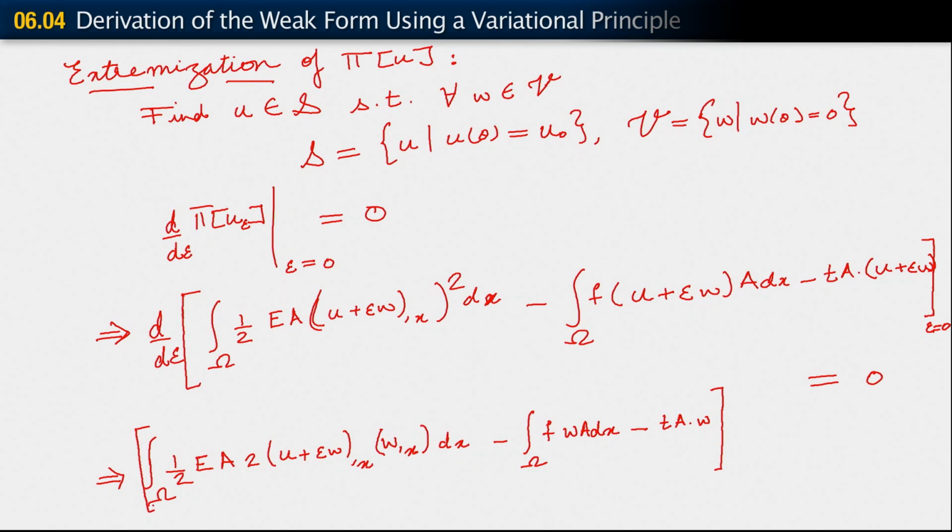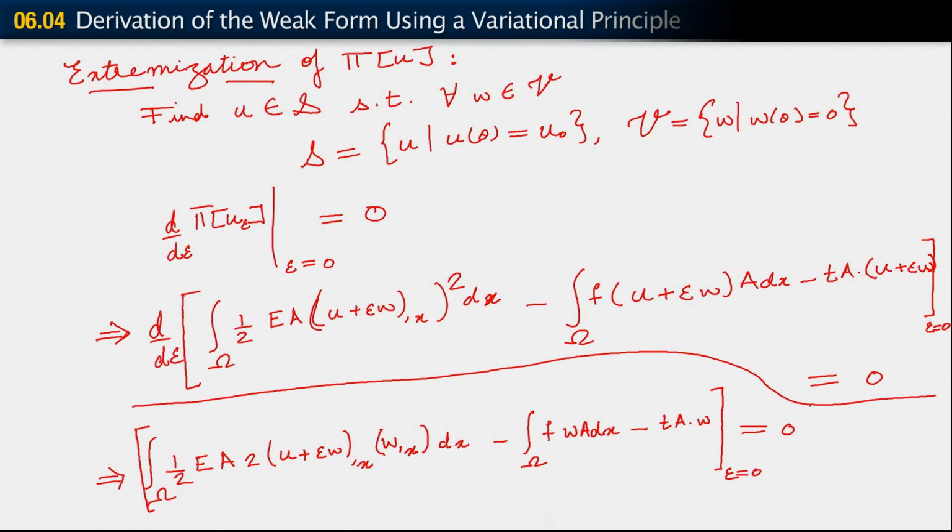So we're free to take the derivative with respect to epsilon into the integral sign, and this is what we get, right? So now after computing all of this, we have to set epsilon equals 0, all right? And then the extremization condition is that this result is equal to 0. And just to make it clear, let me draw a partition here between the previous line and this one.